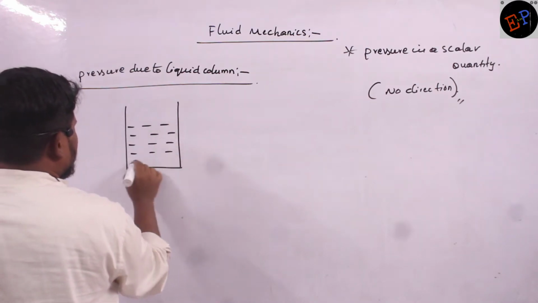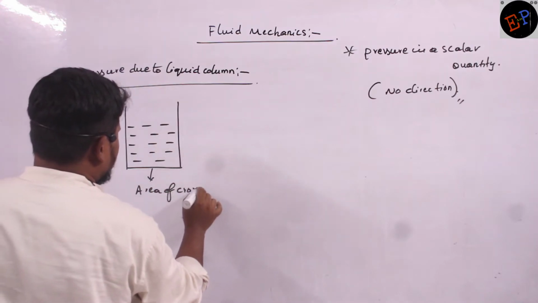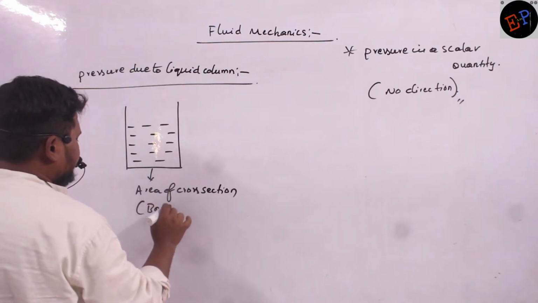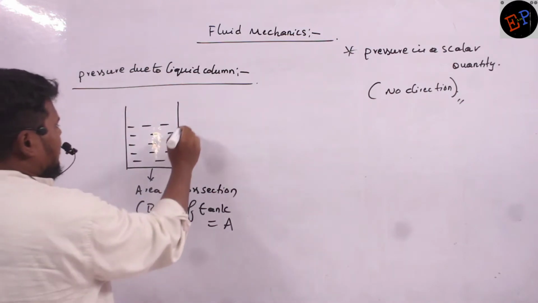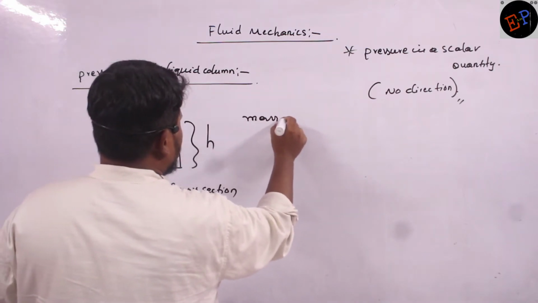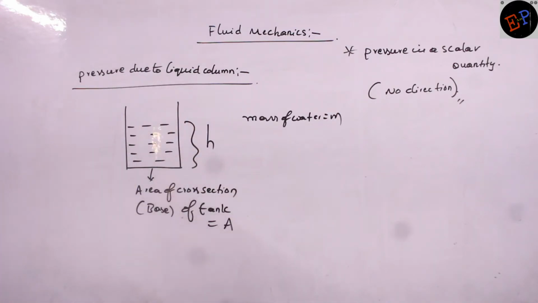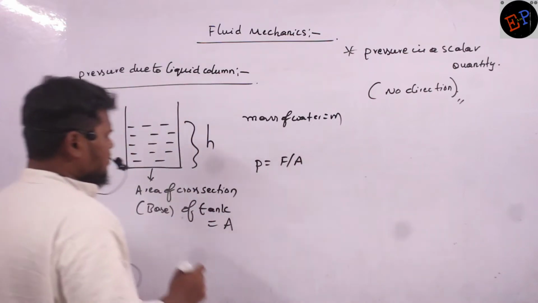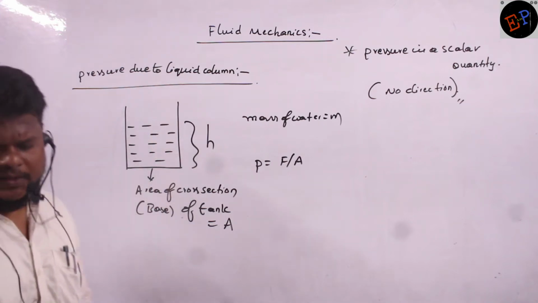Let the area of the base of this tank be A, the height up to which the water is filled be H, and the mass of the water be M. Then how can you calculate pressure? Pressure is nothing but force per unit area. The force of the total water which is acting on the base of the container gives the pressure.